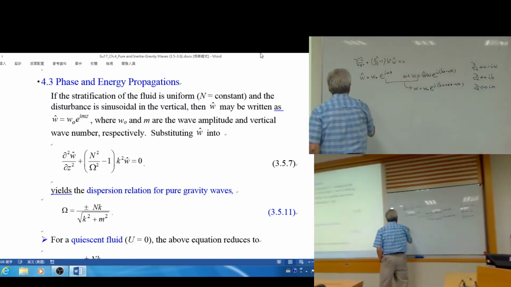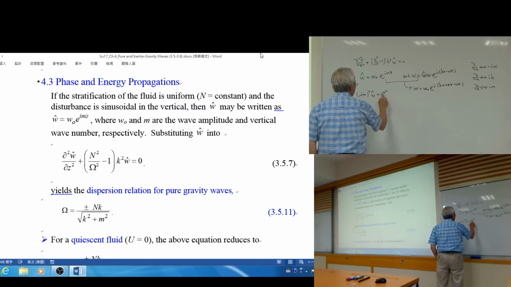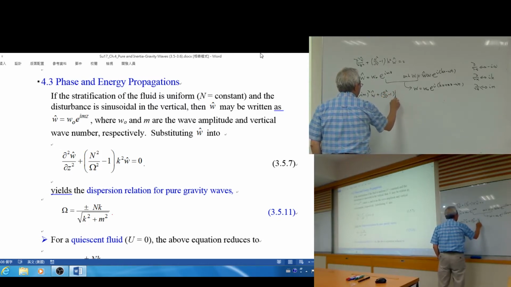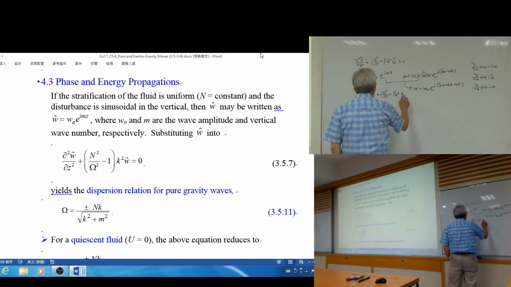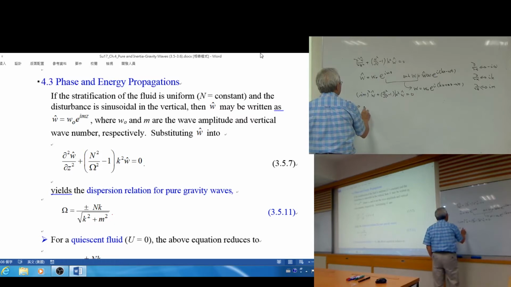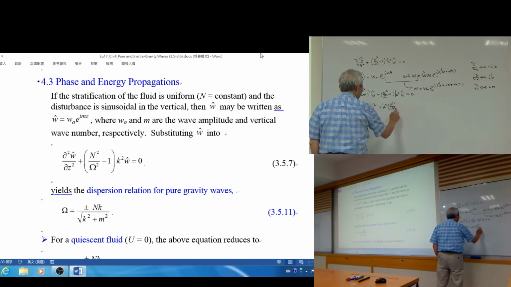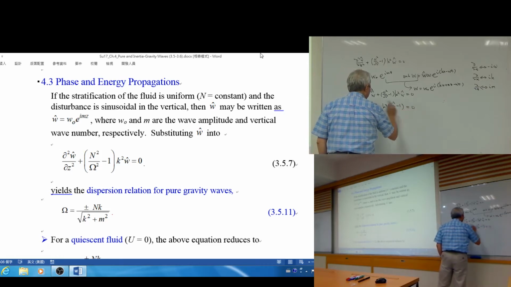So you substitute into there, you get i m squared W hat plus (N squared over omega squared minus 1) k squared W hat equals 0. This gives us negative m squared plus k squared times (N squared divided by omega squared minus 1) equals 0.